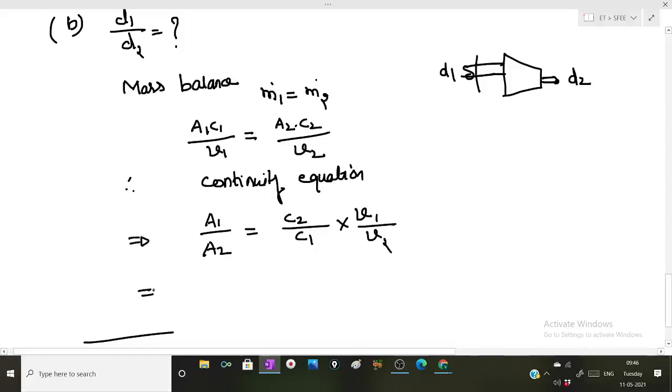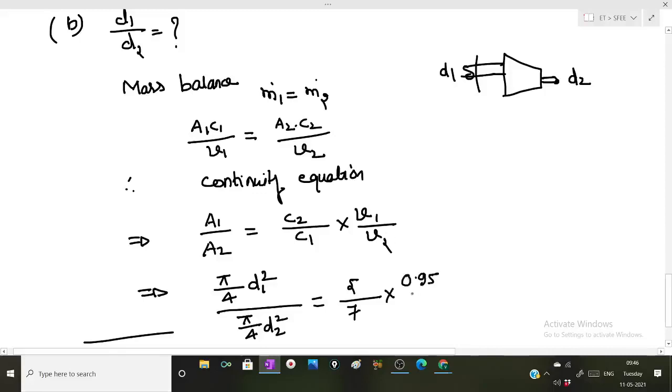If I am considering inlet and outlet pipe of circular cross section, so A1 upon A2 will be pi by 4 d1 square over pi by 4 d2 square. C2 value is given as 5, C1 as 7. Specific volume at inlet is 0.95 meter cube per kg and v2 is 0.19.